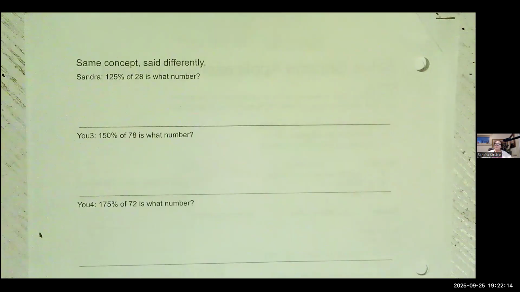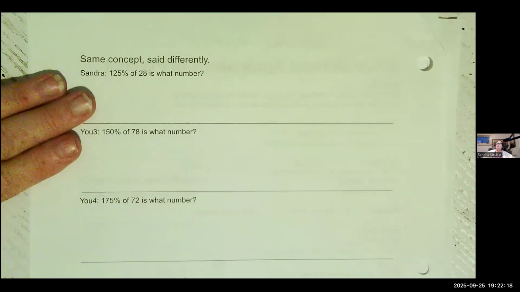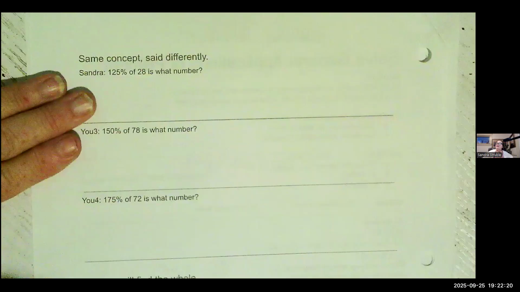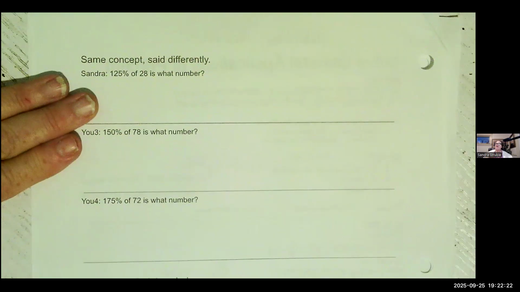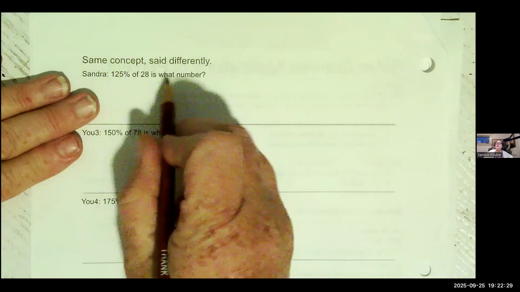Okay. Now I'm going to do this one, and then we're going to pause again. You're going to go to the next two and then come back and see how you did. So this is the same concept as what we just did, but it's said differently. Instead of what number is, it's saying 125% of 28 is what number.